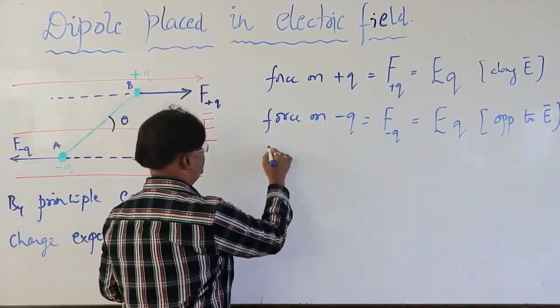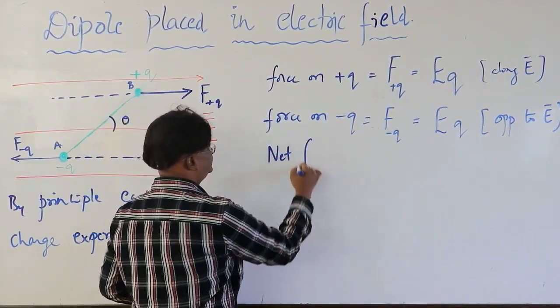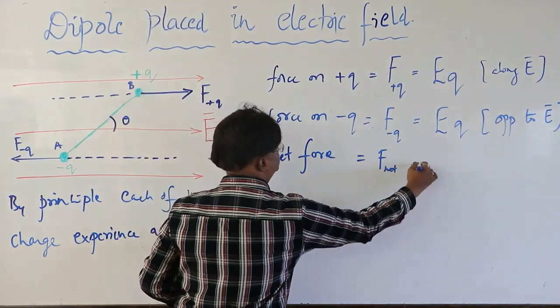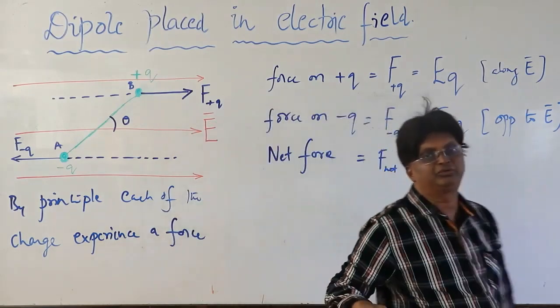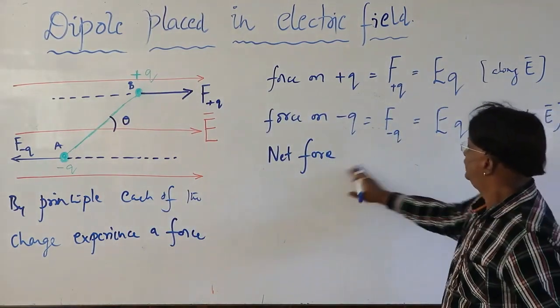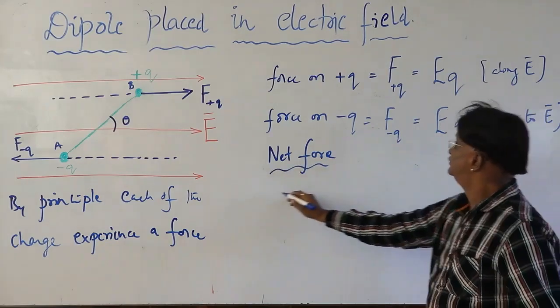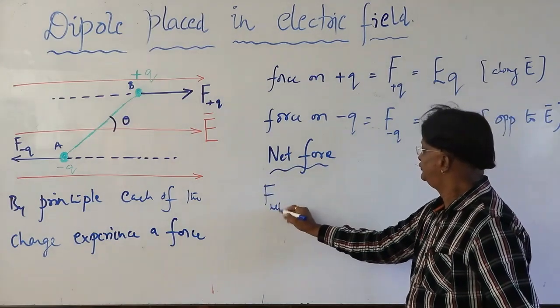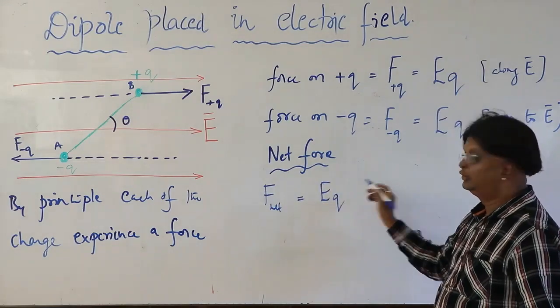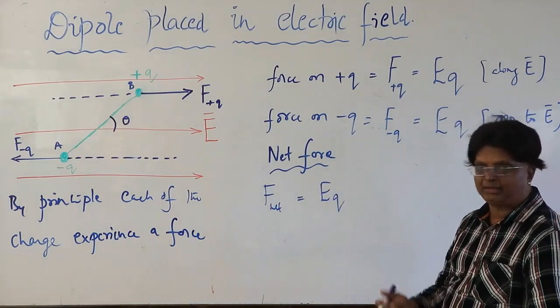Therefore, what will be the net force? Because of this equal and opposite nature, the net force is the vector addition, anti-parallel nature.